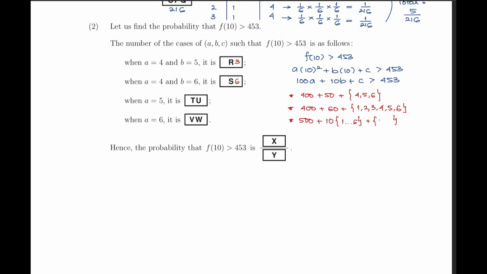B can be from 1 until 6, and also C is from 1 until 6. There are 6 possibilities for B and 6 possibilities for C, so the total cases is 6 times 6. It is 36.